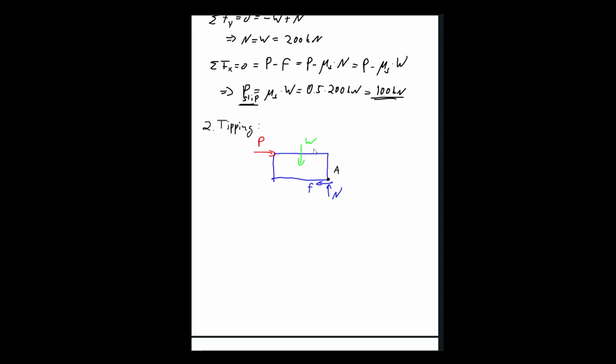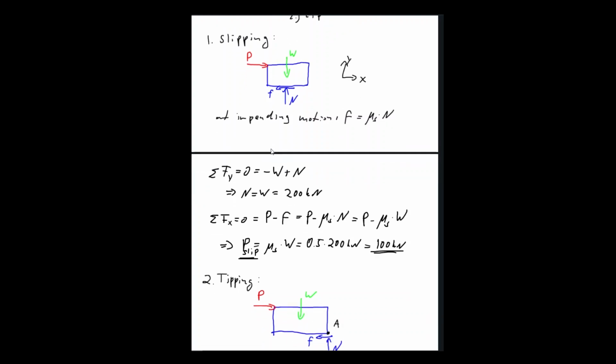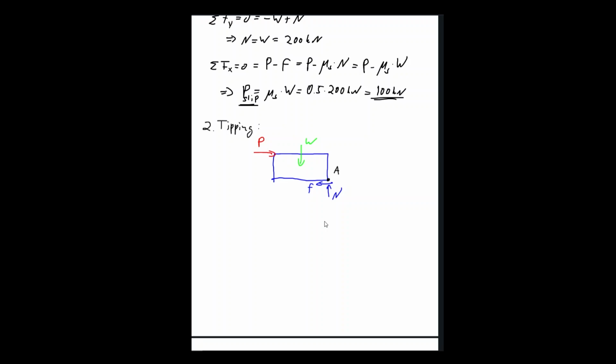If we think back here, then we would say, well, if we want to do the moment around this corner right here, then N would have a moment arm, which means we have to figure out what N is and what F is, and we have to know where it acts. So it gets very difficult, but if we're tipping, then it's in the corner, doesn't have a moment arm, and we're good. So we can say sum of moments around point A is 0, right? That's the condition of just not tipping.